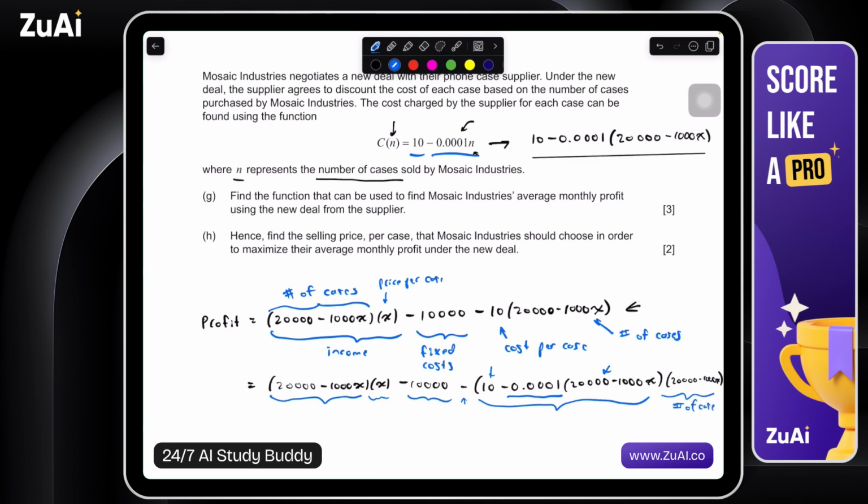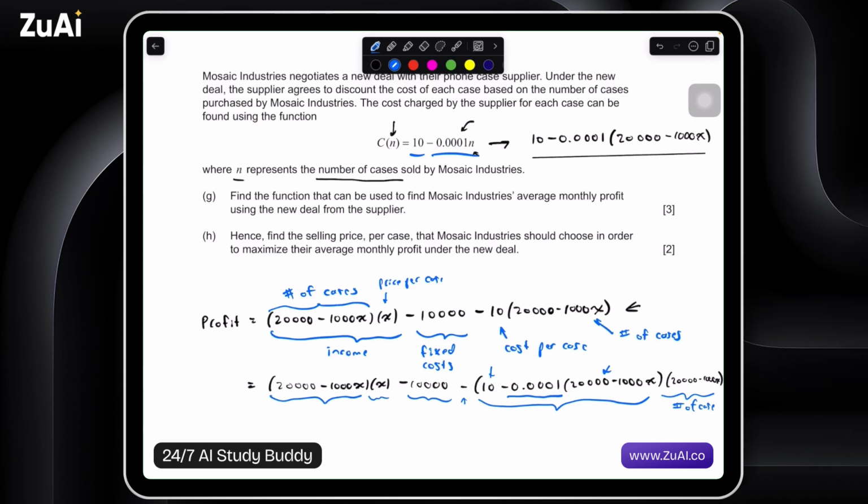Wow. Okay. It's a good question. There it is. I think potentially it's possible to simplify things a little, especially up here when we substitute this 10 minus 0.001 times 20,000.